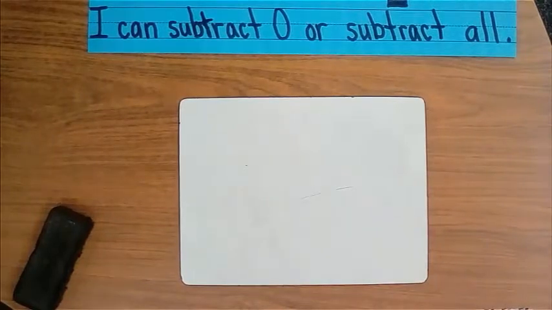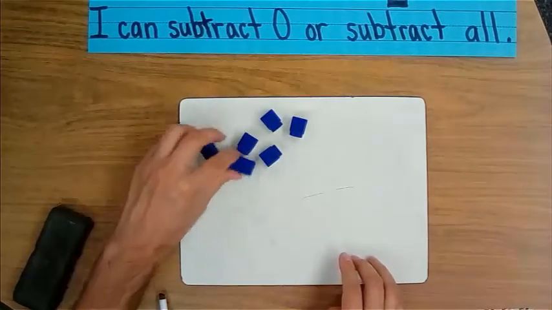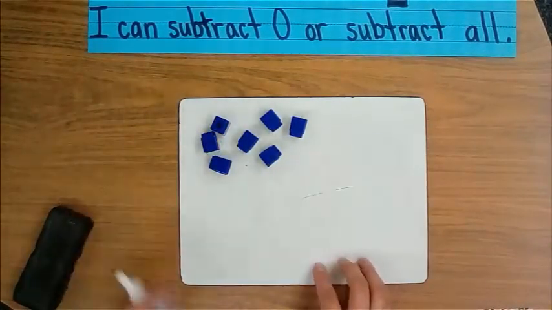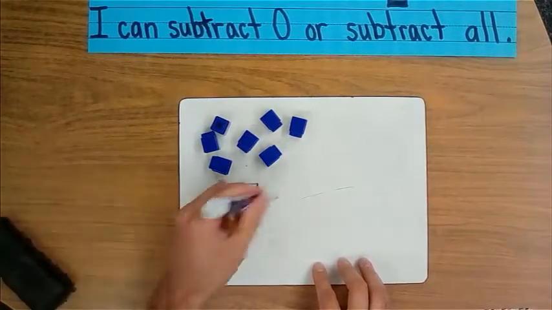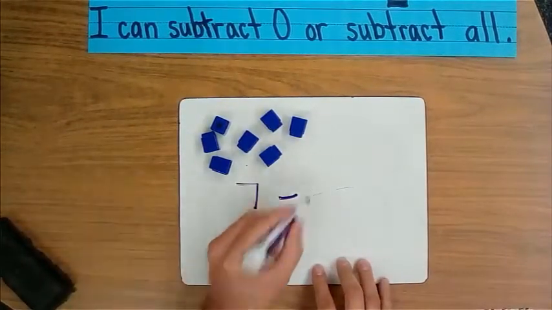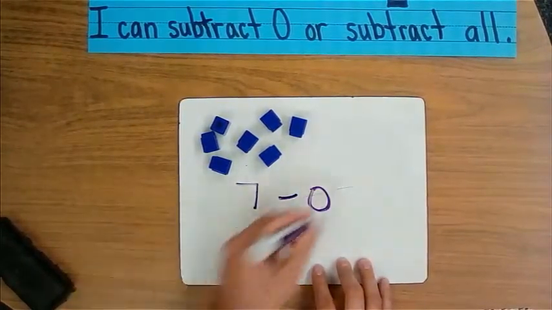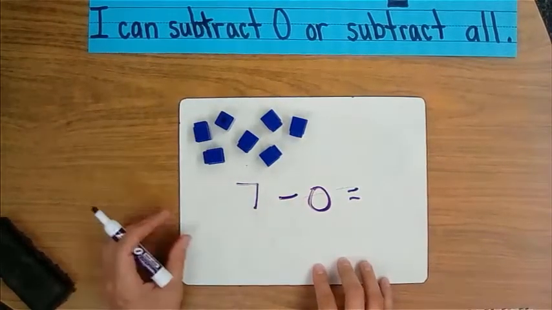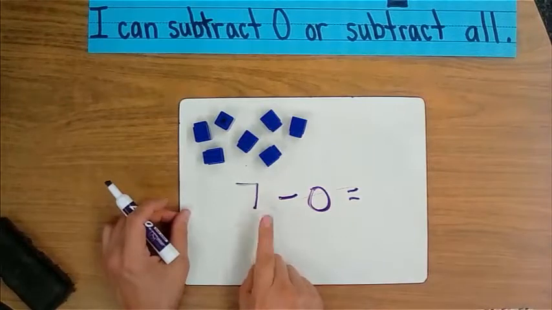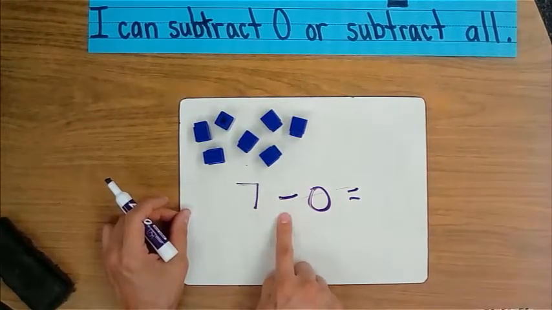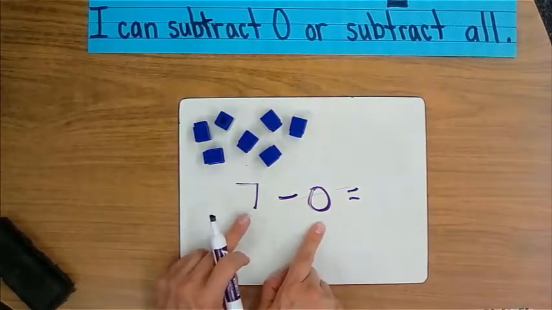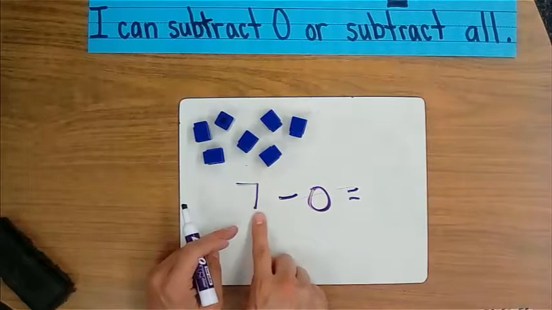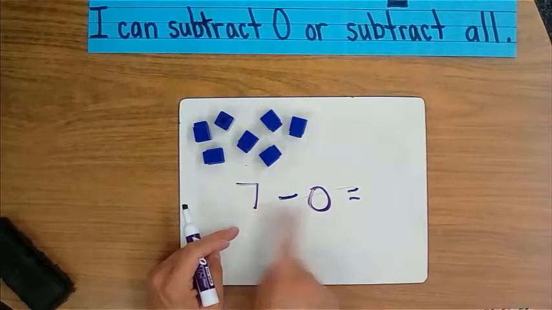This time I'm going to try a big number. Let's say I have 7 blocks. So I have 7 blocks, and I'm going to take away 0 blocks. Now, my pattern said that if I had this number and I took away 0 from the number, it's going to be the same number. So I predict that maybe the answer might be 7.